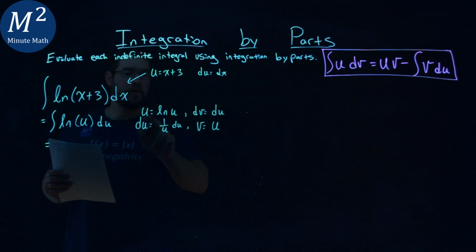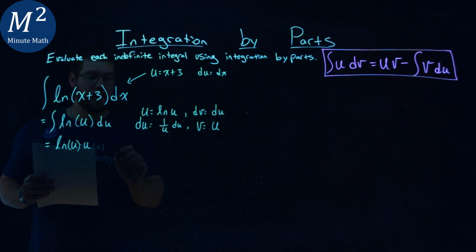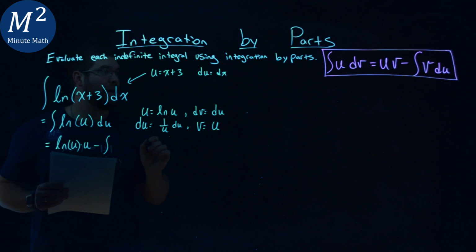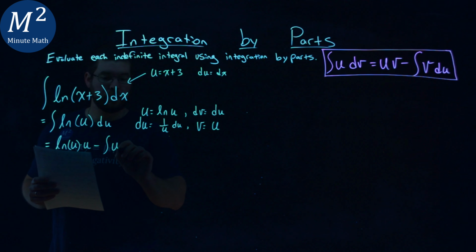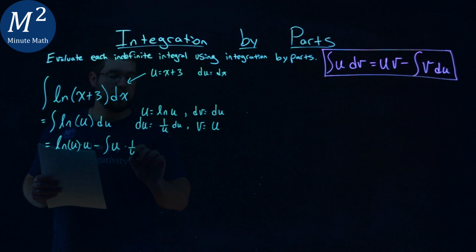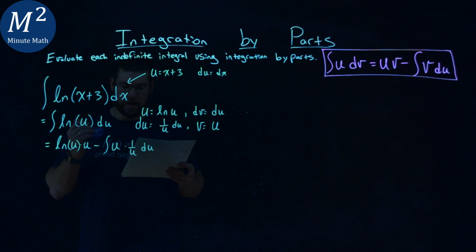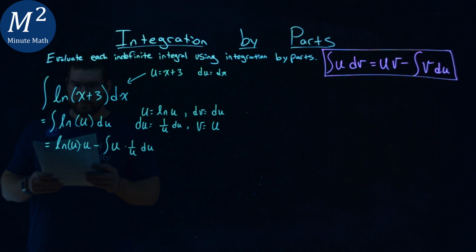u times v, u natural log of u. My v value is u, minus the integral of my v value, which is u, right here, v value being u, times du, which is 1 over u du. Okay? Now, let's simplify this out a little bit.